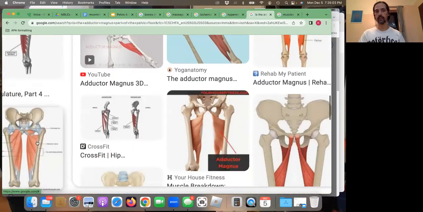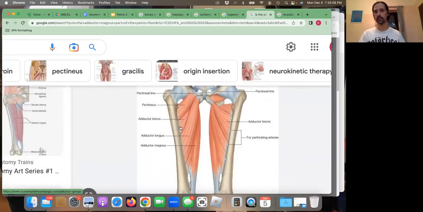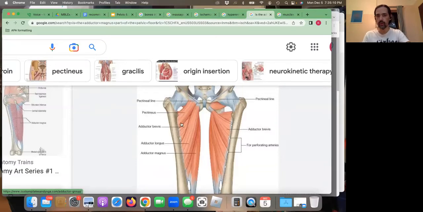All right, and then let's look at this one. This one's pretty good. So what's different about the left and right? On the left side, they have this adductor longus and the pectineus, and those are cut away. Here's the pectineus attachment, the pectineal line, and it's missing here. And here's the adductor longus attachment, and it's missing here.